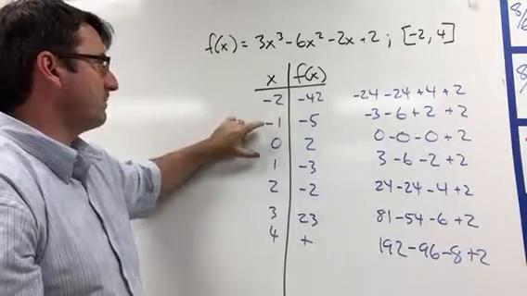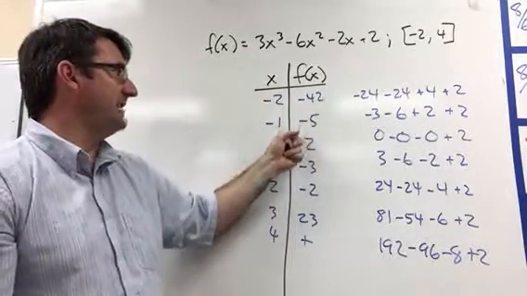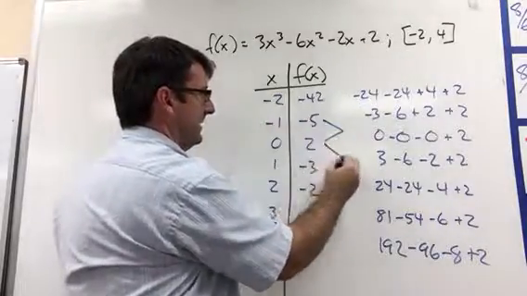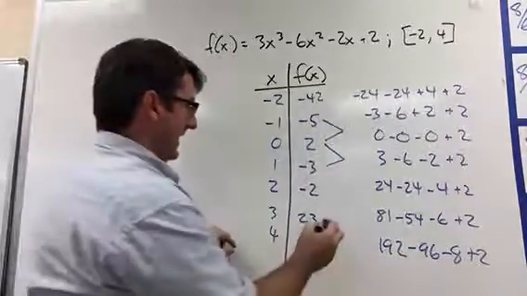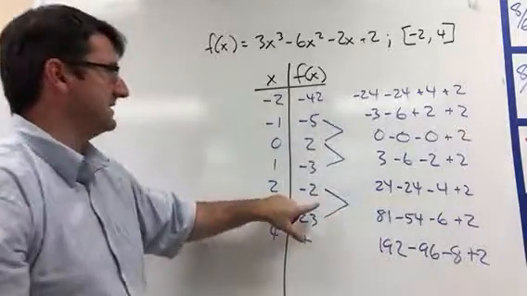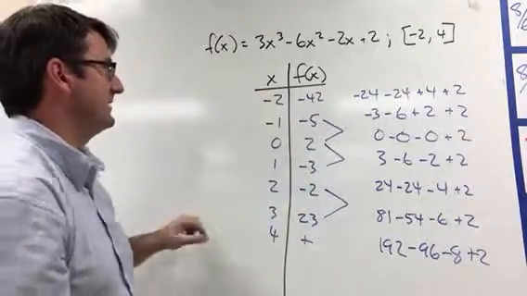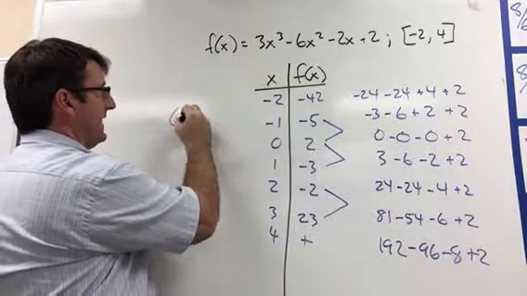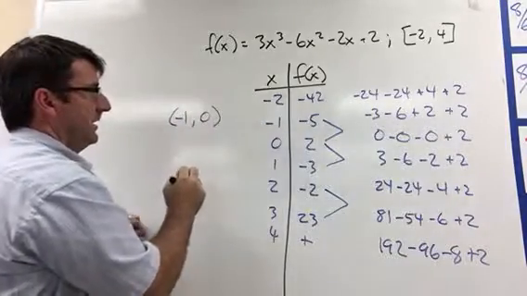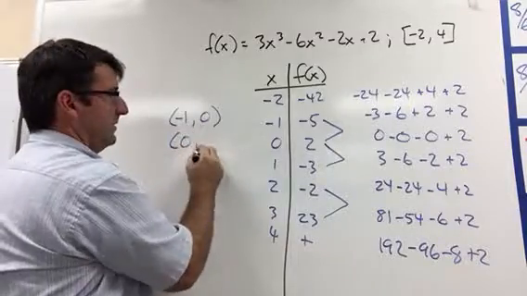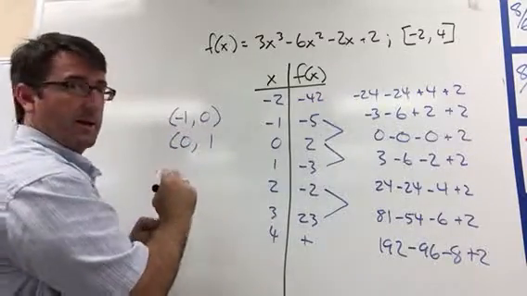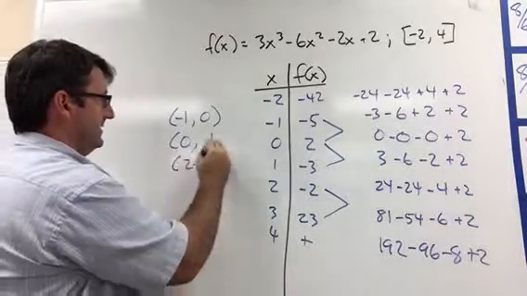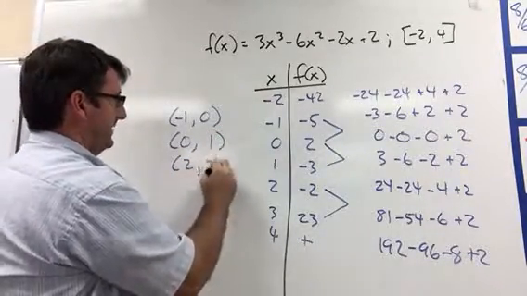So we know that our changes happened from here to here. We went from negative to positive. From here to here, we went positive to negative. And then from here to here, we went negative to positive again. So our 3 zeros are going to be between -1 and 0, between 0 and 1, and between 2 and 3.